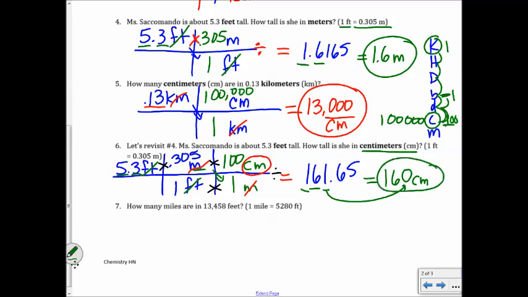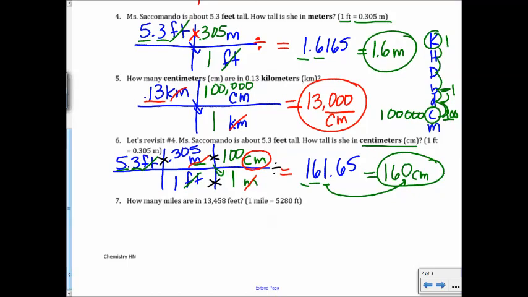One last little example before I let you get started on what you need to finish for our next class. We have 13,458 feet. A lot of feet. What do I do with my feet? Diagonal it down here.